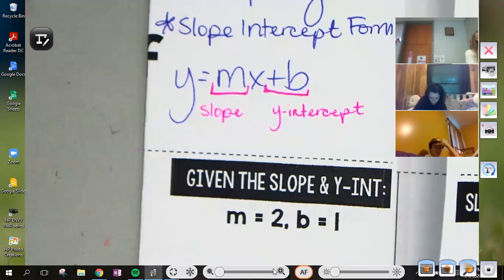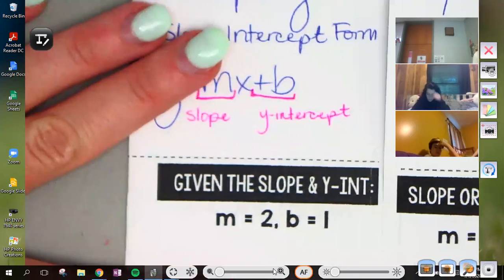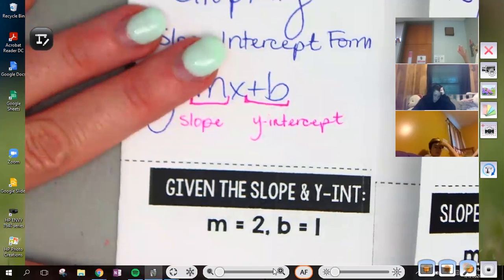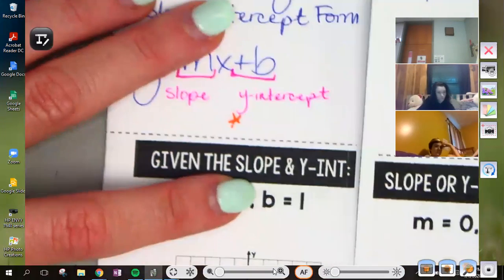Okay, so a lot of the times if you're given an equation, a student can say, okay, this is the slope, this is the y-intercept. They can tell me those things. However, they have a hard time taking that information and then graphing it because they don't know where to start. They know what those two things are, but they don't know how to put their pen down and start drawing it. So when you're starting your graph, always start with your y-intercept.